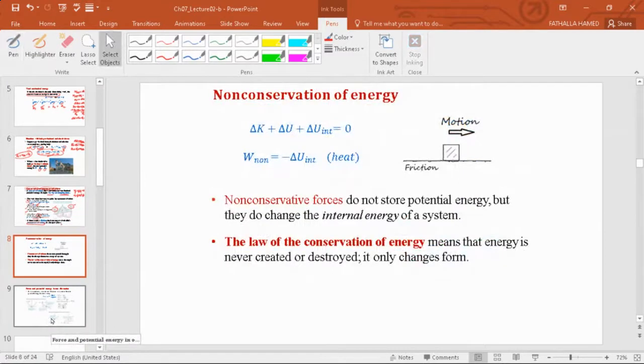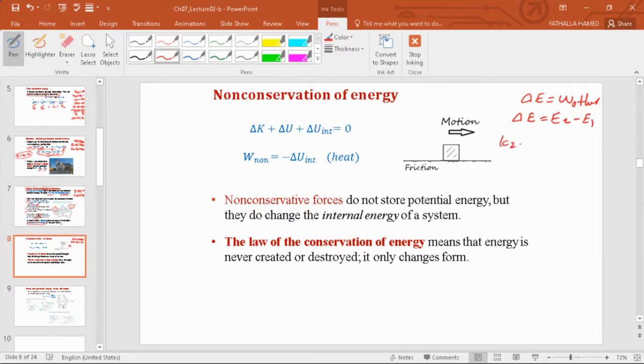So we talked about that delta E should equal the work done by other forces. And delta E here means E2 minus E1, which is basically K2 plus U2 minus K1 plus U1.